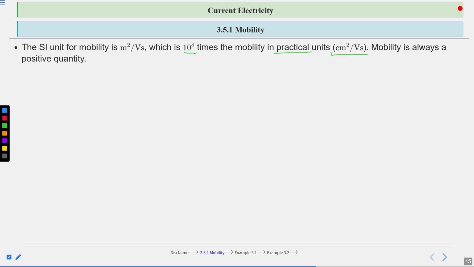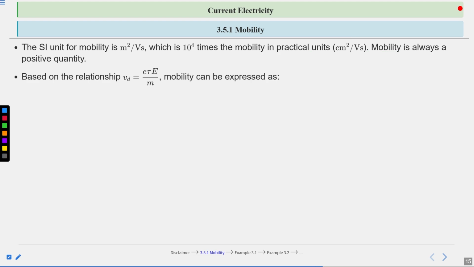The practical unit, frequently used in practical applications, is centimeter square per volt second. Mobility is always a positive quantity because we take the magnitude of drift velocity and also the magnitude of electric field.